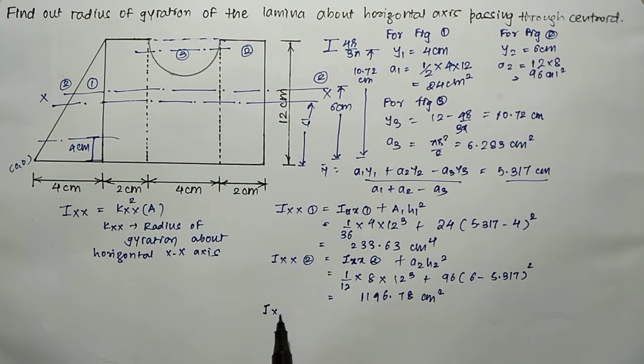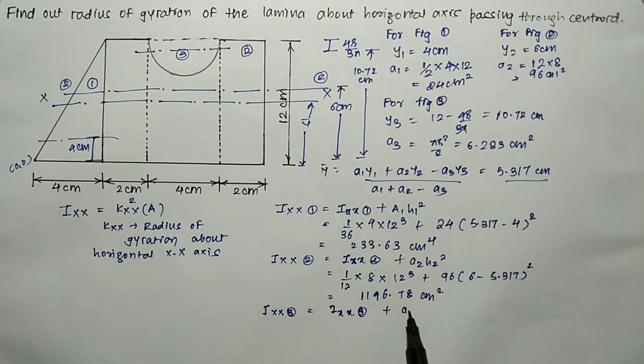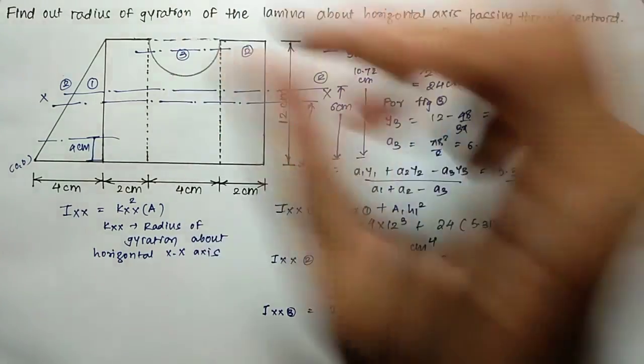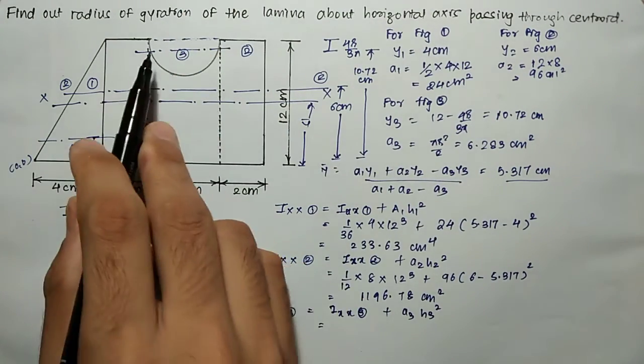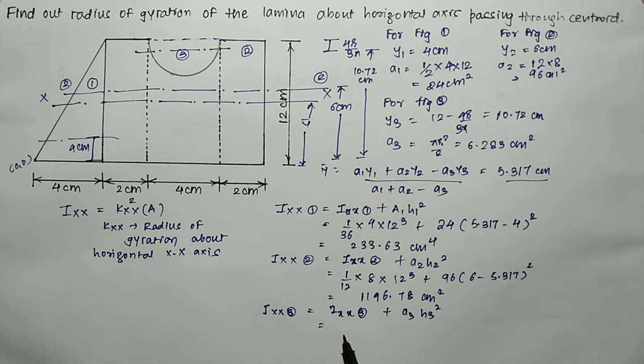So Ixx3 can be given as Ixx3, that is the moment of inertia about this local xx axis, plus A3 into h3 square, where h3 is nothing but a distance between these two axes, and Ixx3, that is the moment of inertia about the local xx axis, can be given by 0.11 r raised to 4.